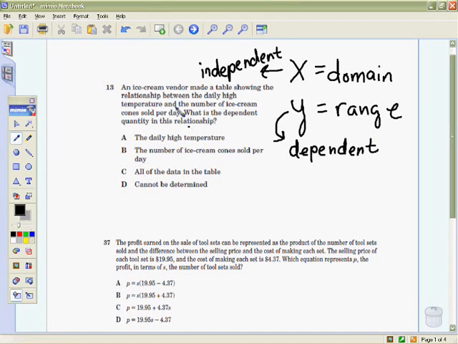So if we're talking about the relationship between the daily high temperature and the number of ice cream cones sold per day, let's just think about that.